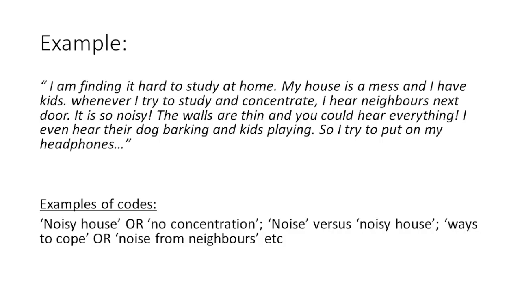Also, you could label this segment as no concentration, because maybe you're looking at participants who are studying, and you're looking at what affects their study in particular. So you may label this segment no concentration.